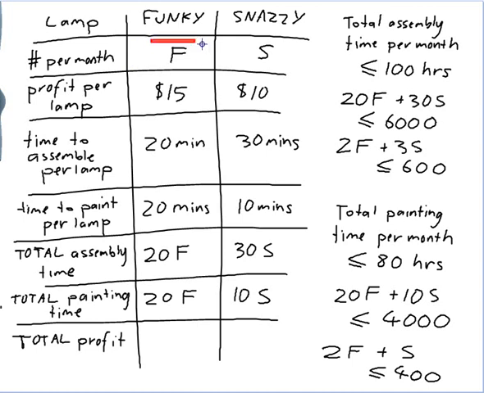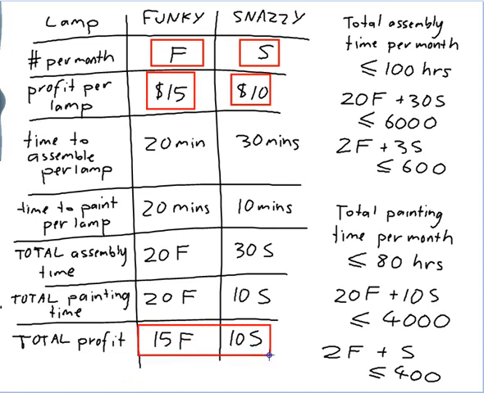So we have F funky lamps and we have $15 from each of those. And we have S snazzy lamps and we have $10 from each of those. And so these together would be my total profit, 15F plus 10S.